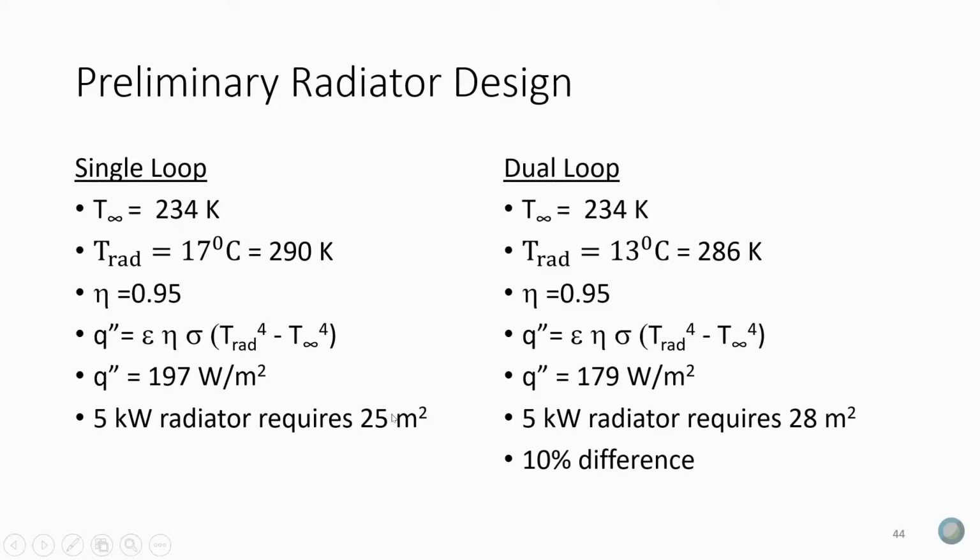So when we just look at a preliminary radiator design using the same kind of things we did earlier, and doing 234 Kelvin as the sink temperature, for a single loop, we find out that we need 25 square meters of radiator area. We go dual loop because we're taking the temperature drop across the interface heat exchanger. We now need 28 square meters, or about 10% more.